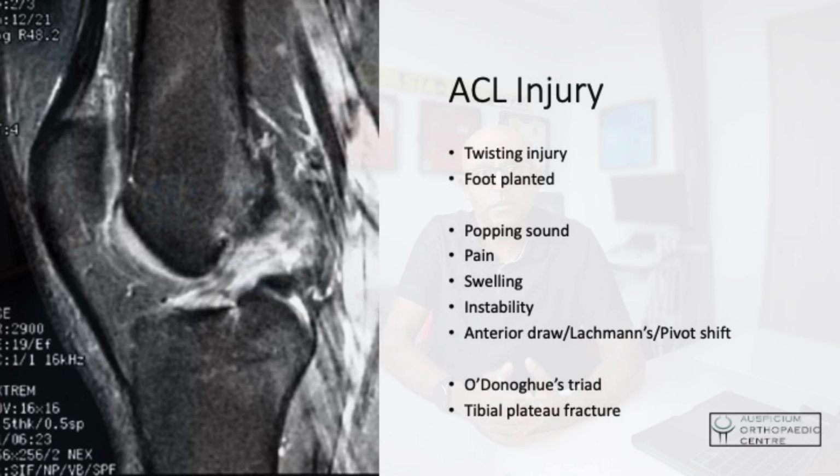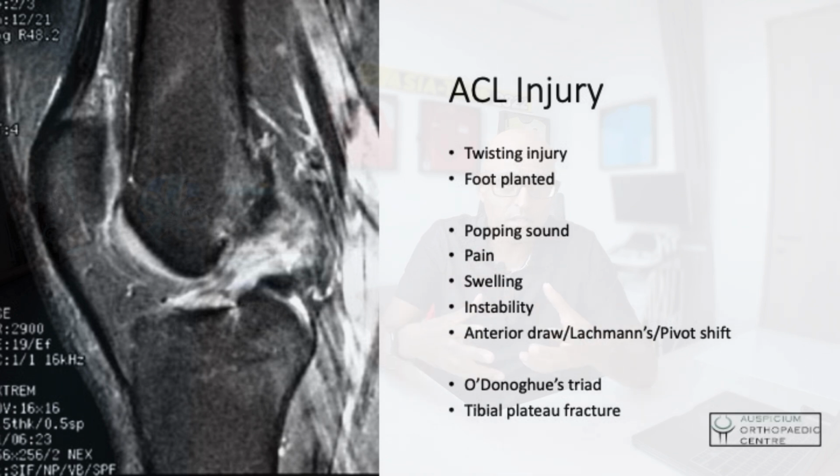In the knee as well, we have ligament problems. So here we have the ACL tear, typically happening when the foot's planted and the knee's twisted. Patients complain of a popping sensation in the knee. There's usually swelling, instability. There can be locking as well.